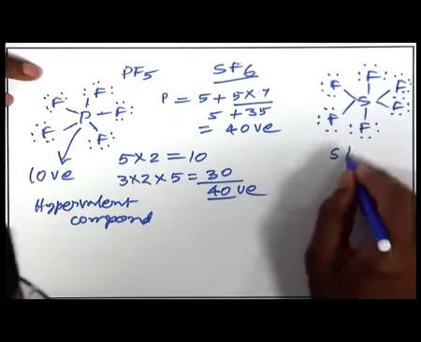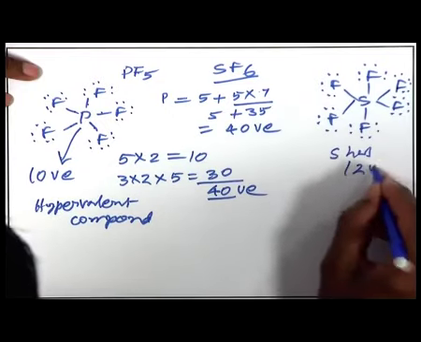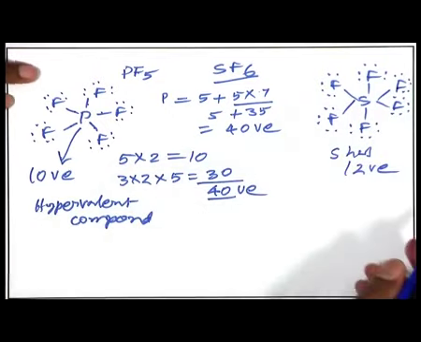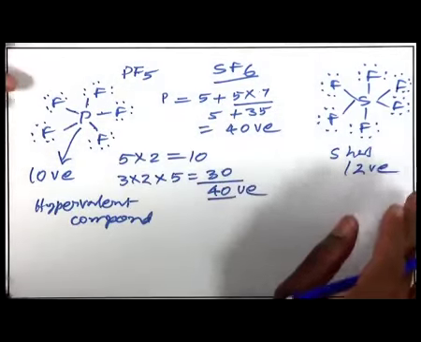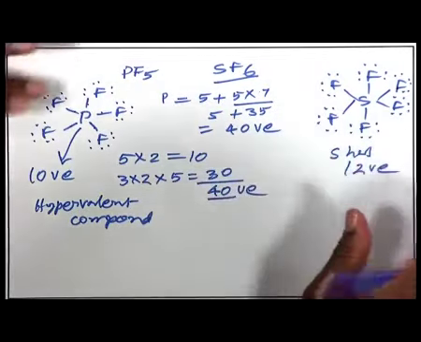So sulfur has 12 valence electrons, and it exceeds the octet rule. So these two compounds are called hypervalent compounds, because the valence is hyped, that is why it is called a hypervalent compound.